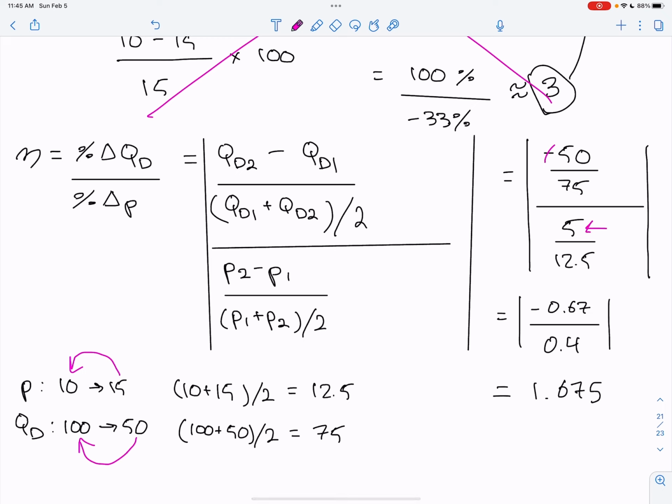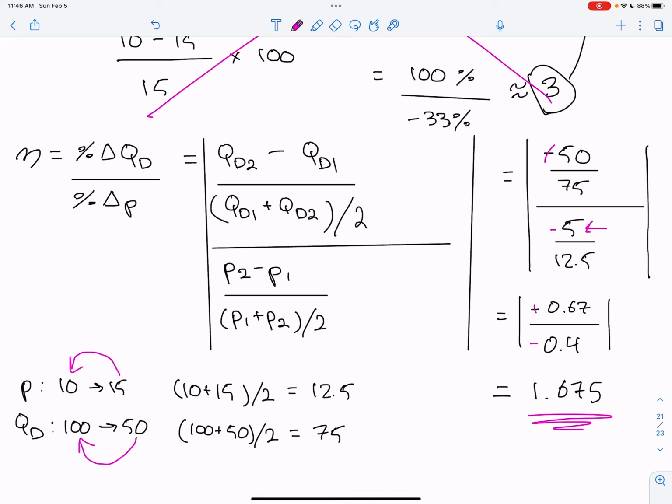Well, you'd be doing P2 minus P1, so P2 in this case would be 10, and P1 would be 15. So 10 minus 15 is negative 5. And the bottom would just be 12.5 because we're taking averages. So we would be getting positive 0.67 divided by negative 0.4. But because we're taking absolute values, we would still get the same result, 1.675.